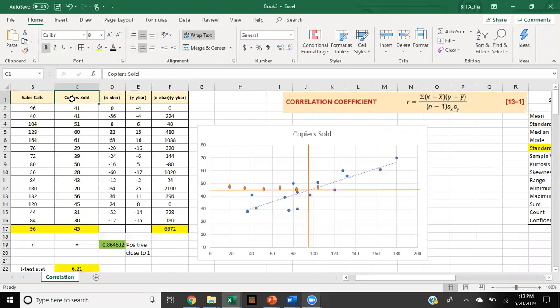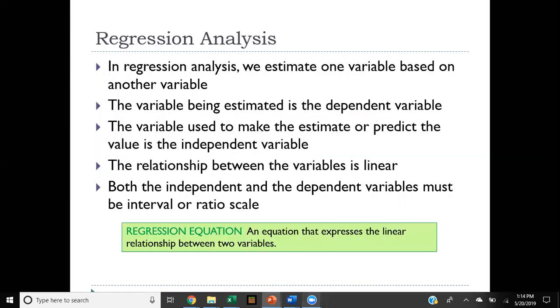We just say there's a strong relationship, but that does not tell us whether copiers determine the number of sales calls, or sales calls determine the number of copiers sold. So regression analysis takes it a notch further. Rather than just looking at strength and direction of relationship, we now ask, can we use one variable to estimate the other variable?